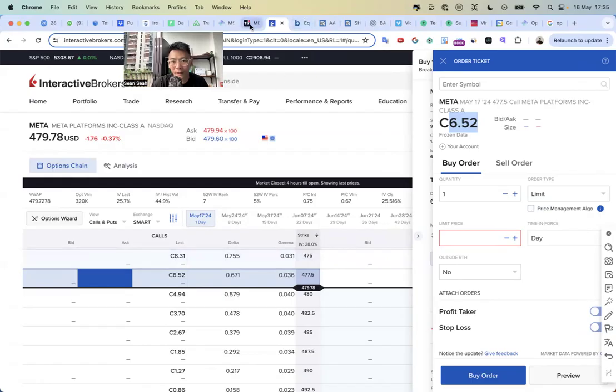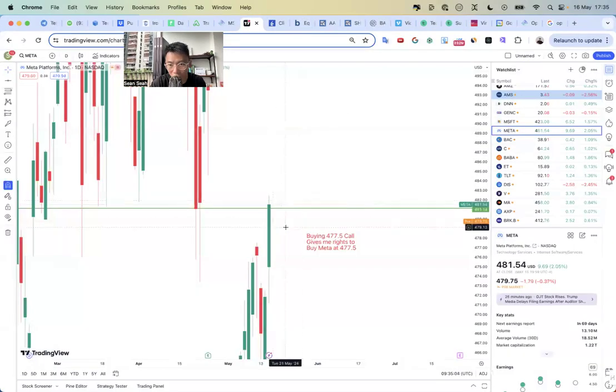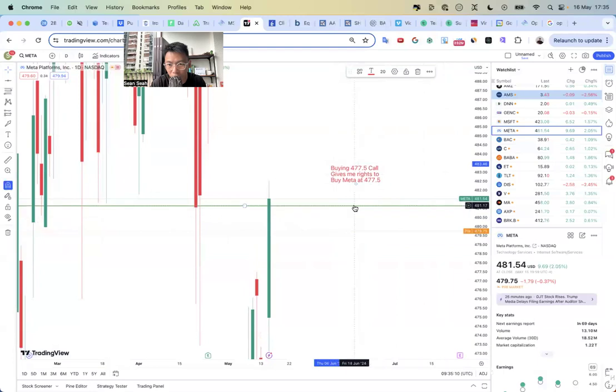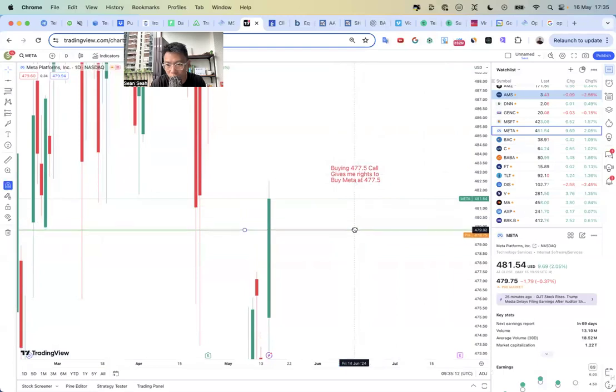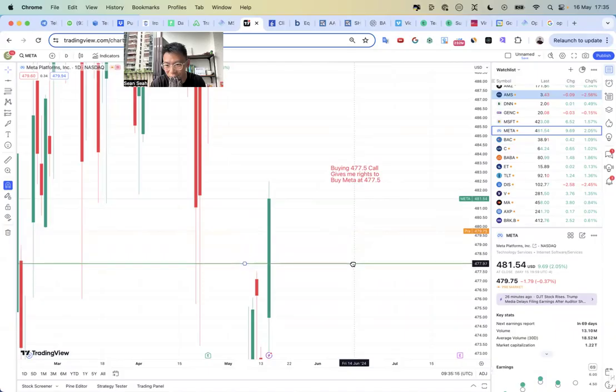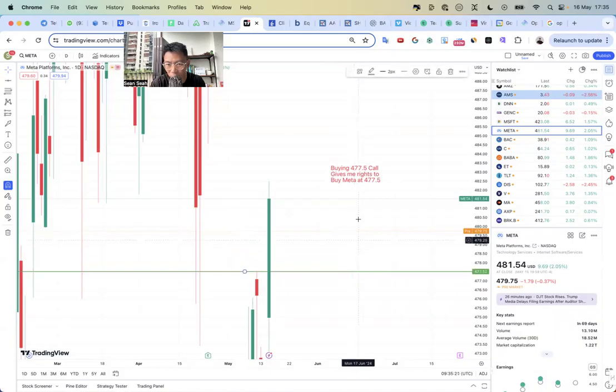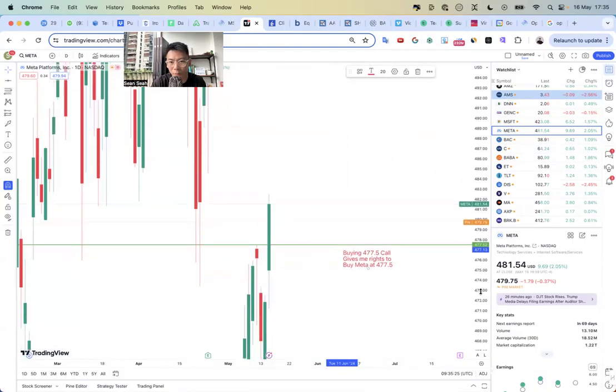So if Meta's price goes down below 477.5, somewhere around here, I shifted it wrongly just now, this option becomes out of the money.